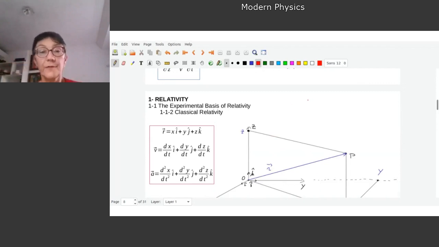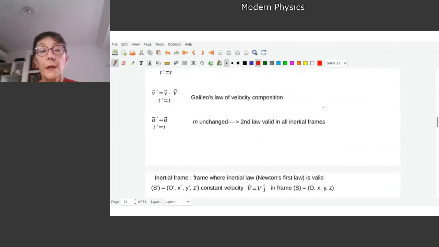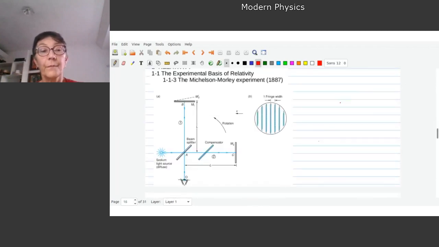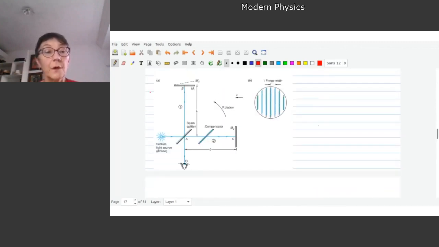The result of this was a very, very sensitive method. It consisted in interfering two light beams coming from the same original beam.